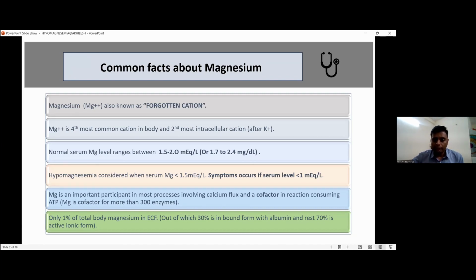Most of the magnesium is within bone, almost 70%, 29% intracellularly, and 1% extracellularly. Out of this 1%, 70% is in free form, which is active, and 30% is bound to albumin. So we'll use this concept later on. Please remember that 70% of extracellular magnesium is in free form.